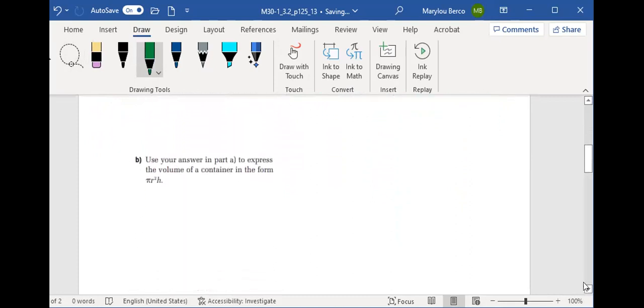Use your answer in part A to express the volume of a container in the form pi r squared h. Okay, so if we take a look at the answer in part A, we have V of x is equal to 9 pi x squared plus 24 pi x plus 16 pi by x plus 3.